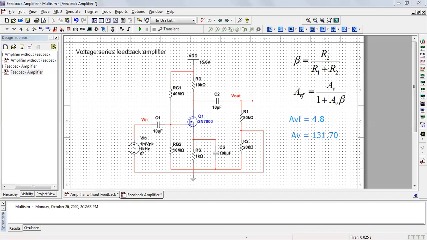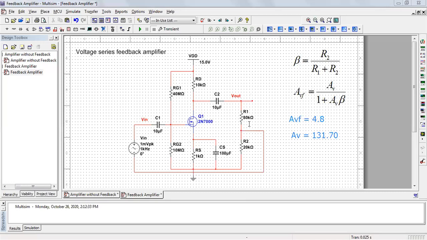Then by choosing the appropriate values of R1 and R2, I can select that feedback fraction, and I will get a gain of 50. That's the way we can do it.